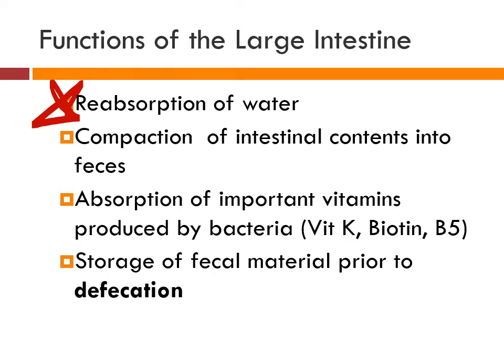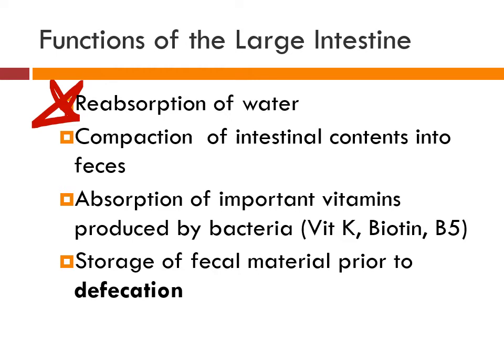We do absorb some vitamins that are produced by bacteria within the large intestine. So vitamin K, biotin, and vitamin B5 are all actually produced by healthy bacteria that lives in our digestive system. So those vitamins do get absorbed in the large intestine. And the large intestine is storing our fecal material prior to defecation.